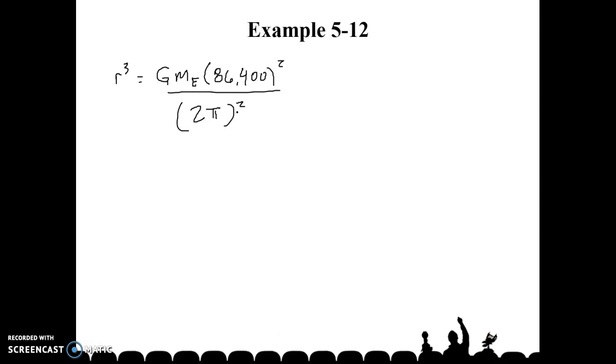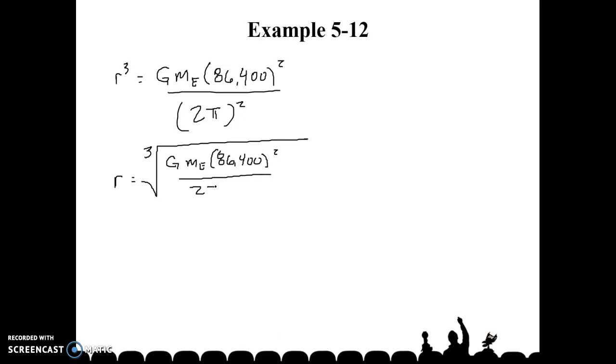And so the final step would be r equals the cube root of G M E times 86,400 squared divided by 2 pi squared.